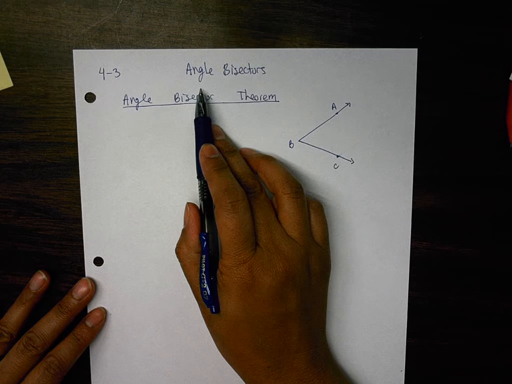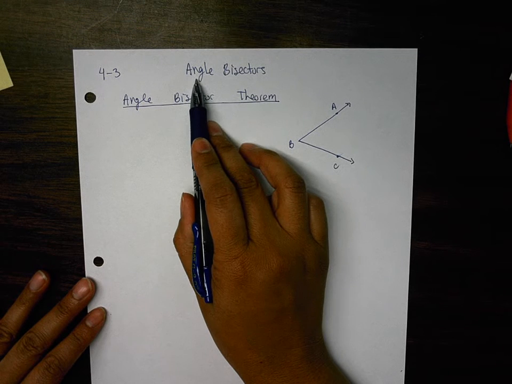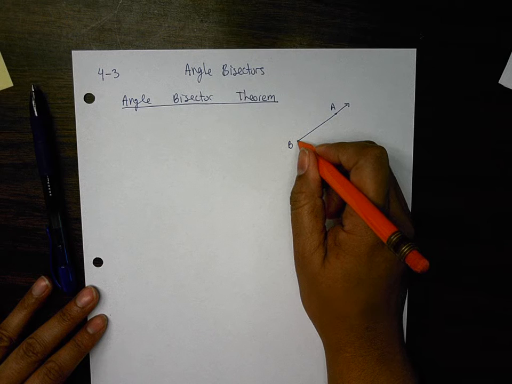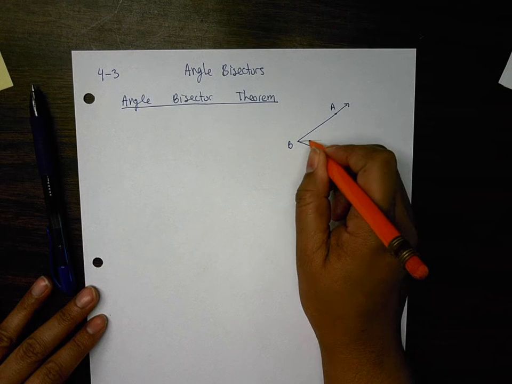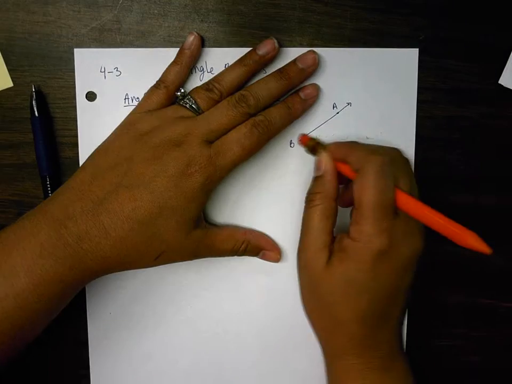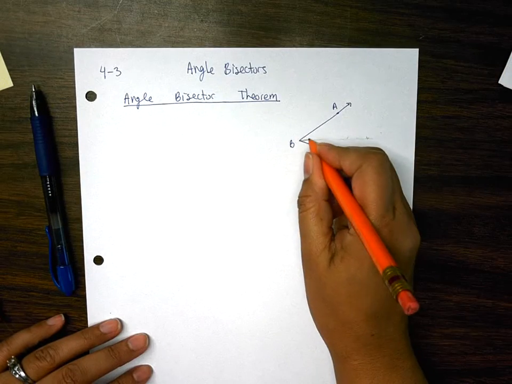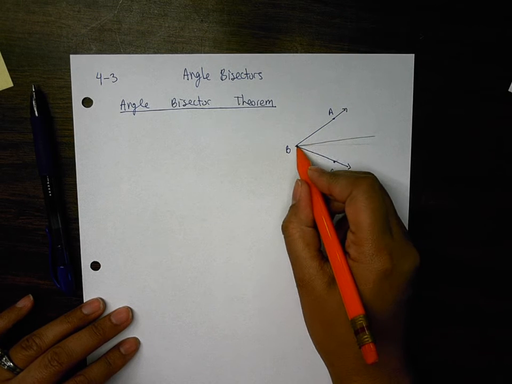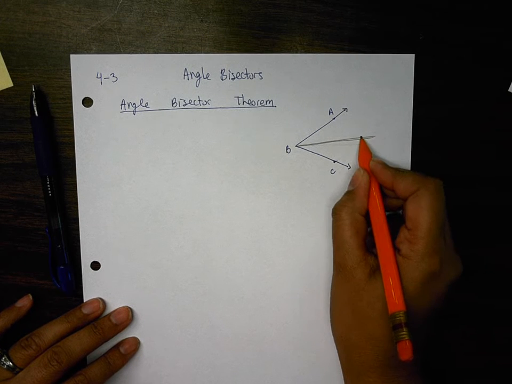Okay, what is an angle bisector? An angle bisector is a segment that bisects the what? Okay, now do the best you can. We're not going to take tools out, but do the best you can to make an angle bisector, so that it bisects. All right, everybody have it?